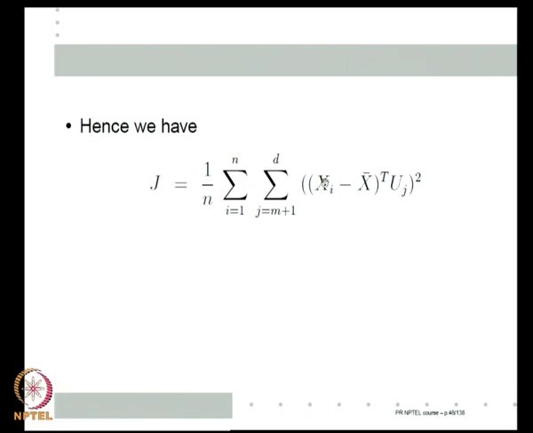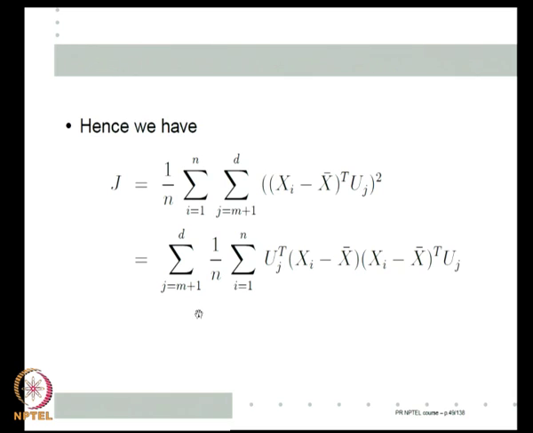So, I can write it as xi minus x bar transpose uj or uj transpose xi minus x bar. So, I can write the square as, I first interchange the two summations, both are finite summations, j equal to m plus 1 to d, 1 by n, i equal to 1 to n. I write this square as uj transpose xi minus x bar into xi minus x bar transpose uj. By writing like that, now I have a very interesting structure here.